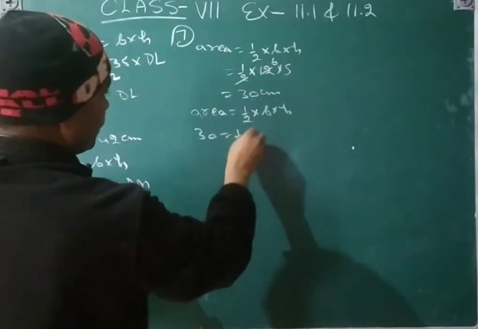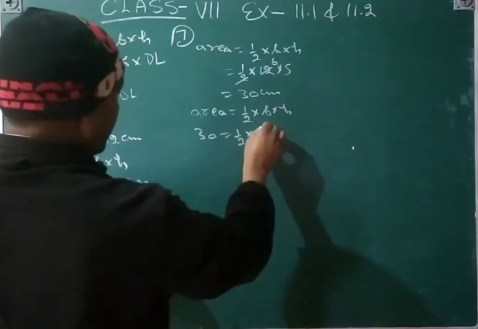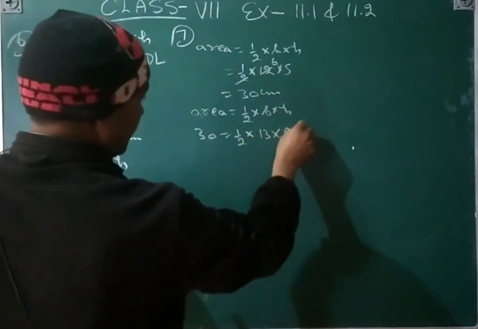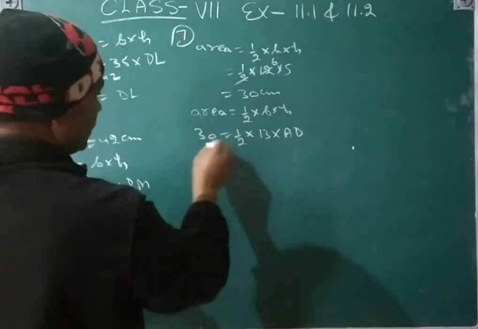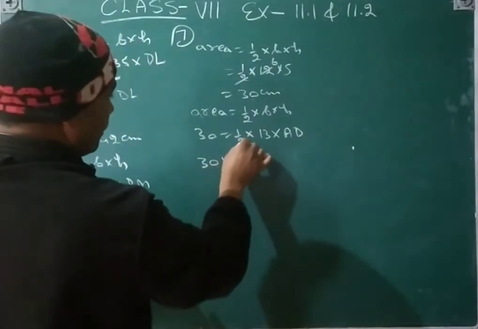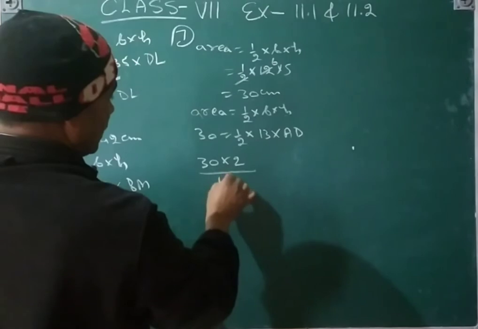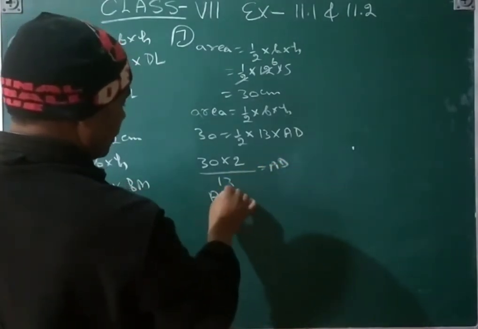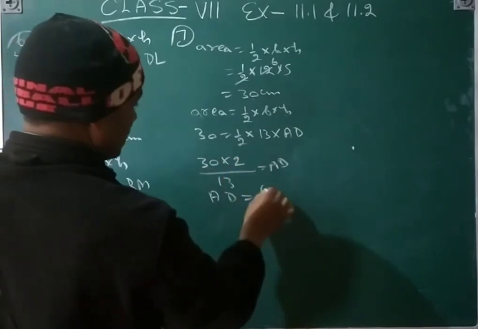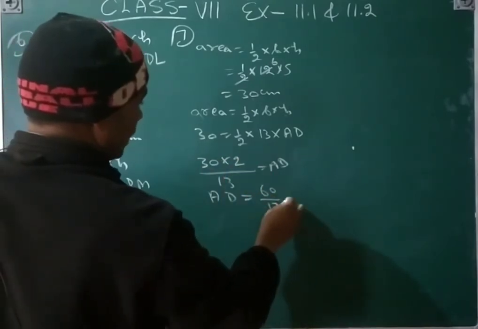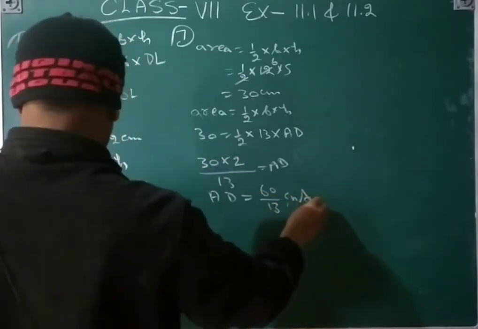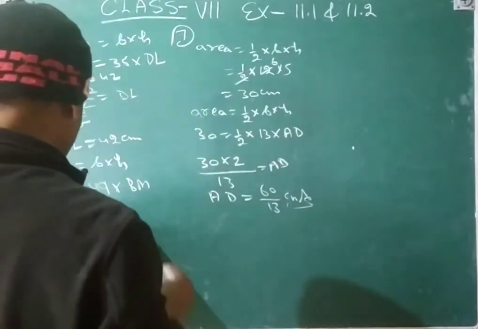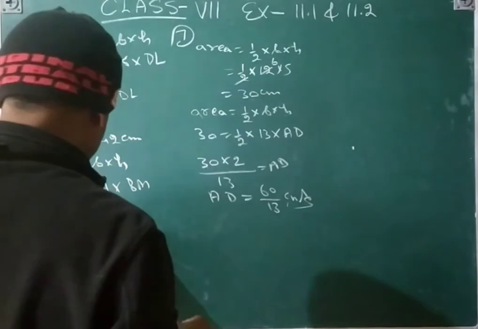And then 1 upon 2 into base is 13, and then height is AD. So AD is equal to 60 upon 13 centimeter. And then B part, similarly you will do.